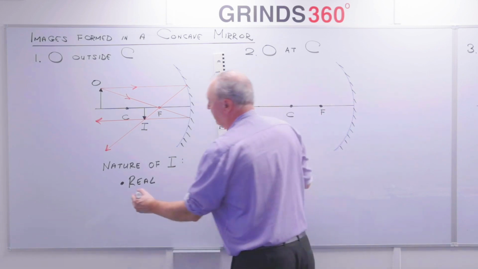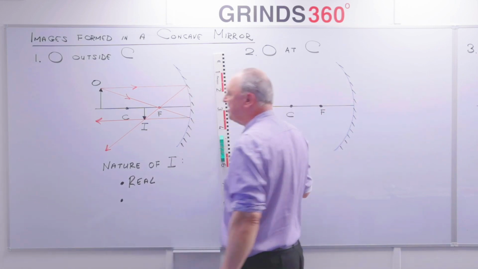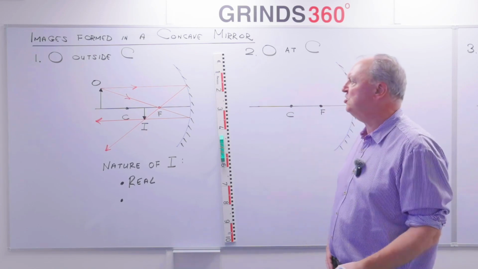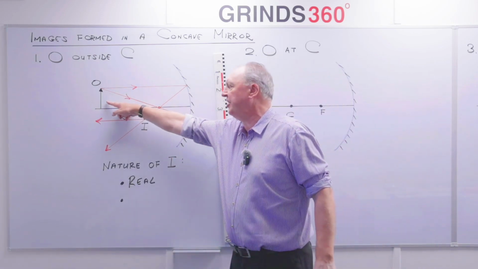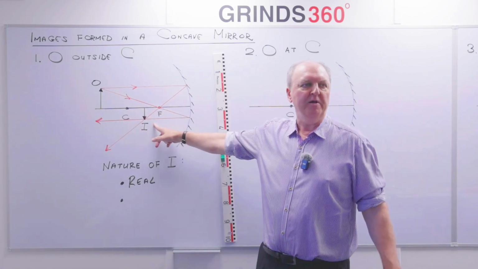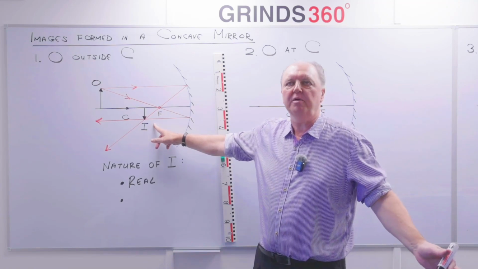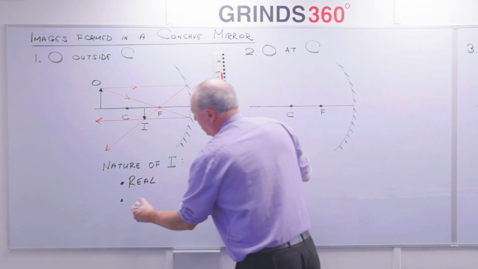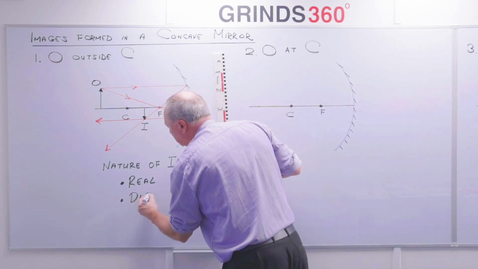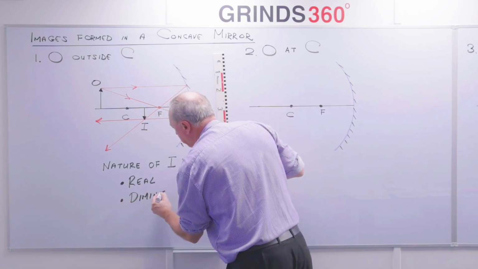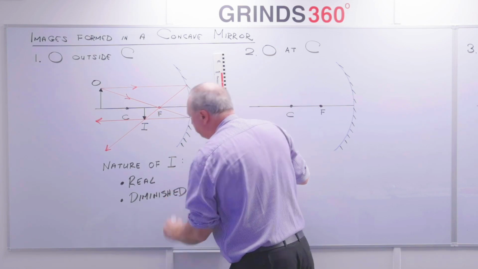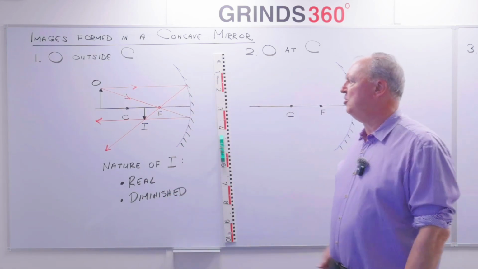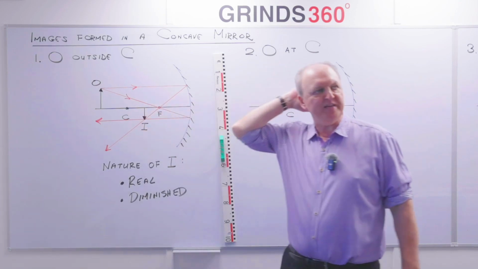What's the next thing I can say about it? I can look at the size of it. I want to compare the size of it to its original. There's the original there. It looks smaller. How do we say smaller when we talk about photography? We say it's diminished. So it's a diminished image. And the last thing I'll say about it, you can see that it's upside down.